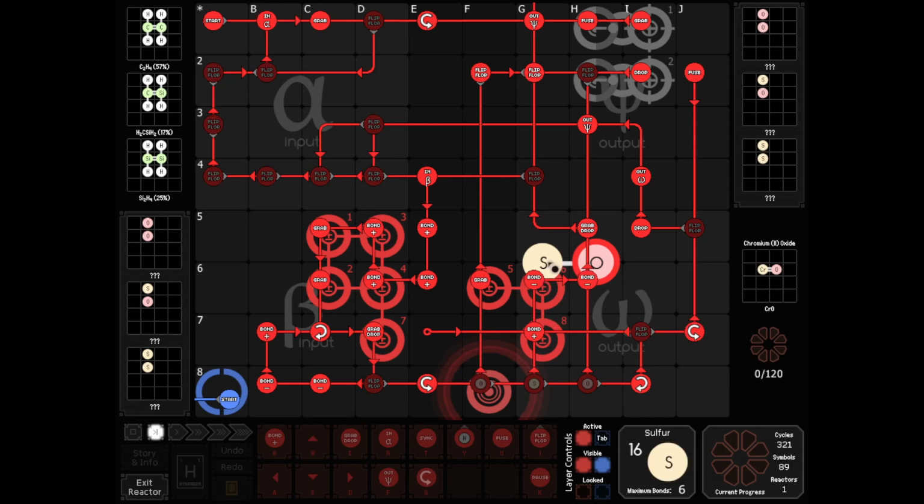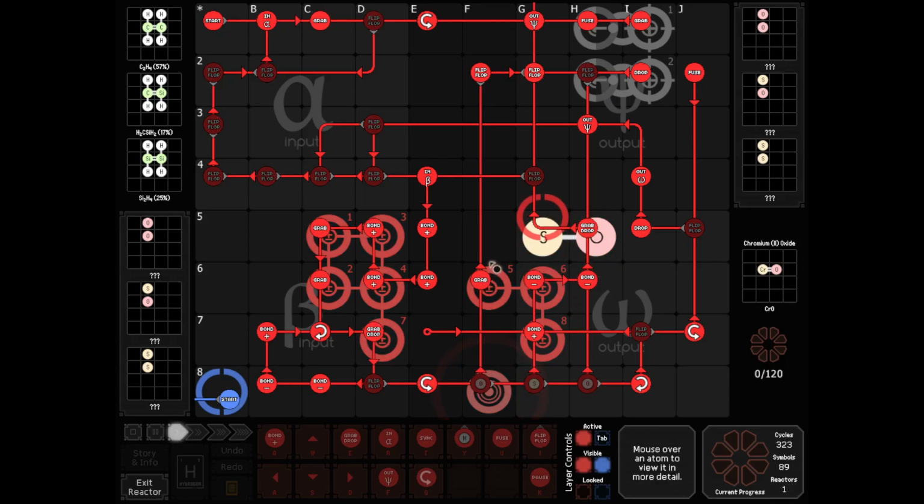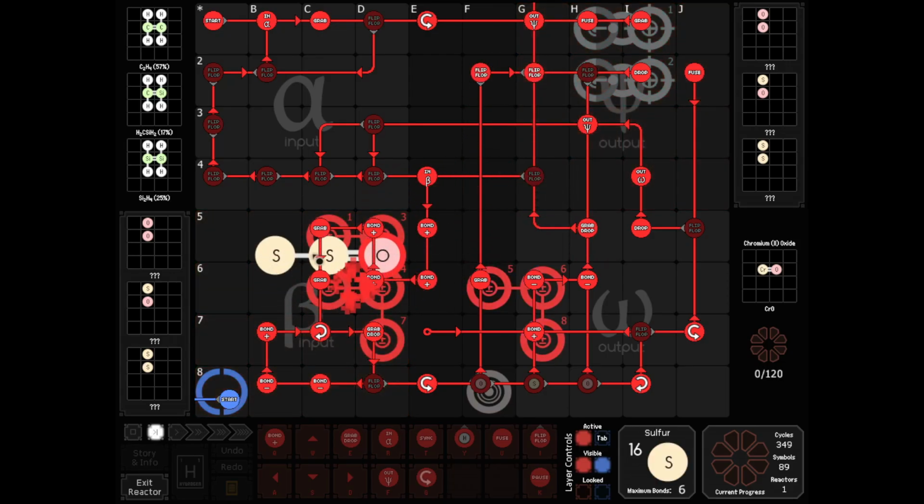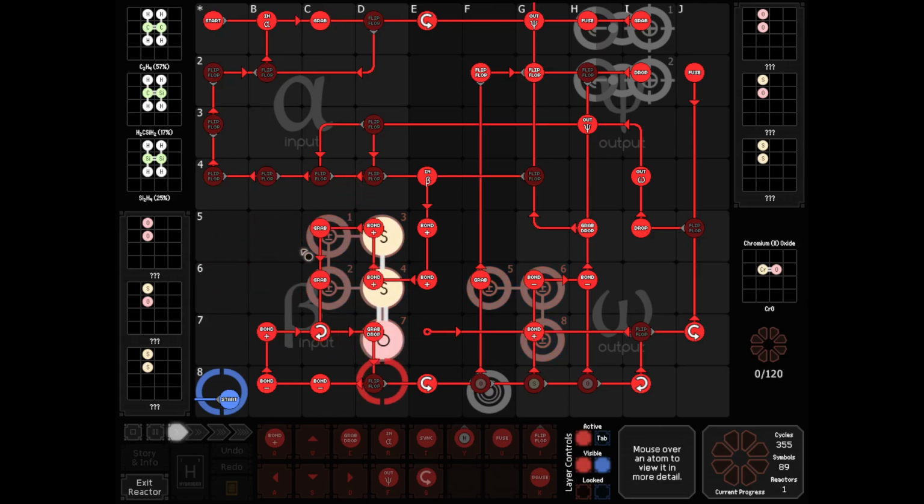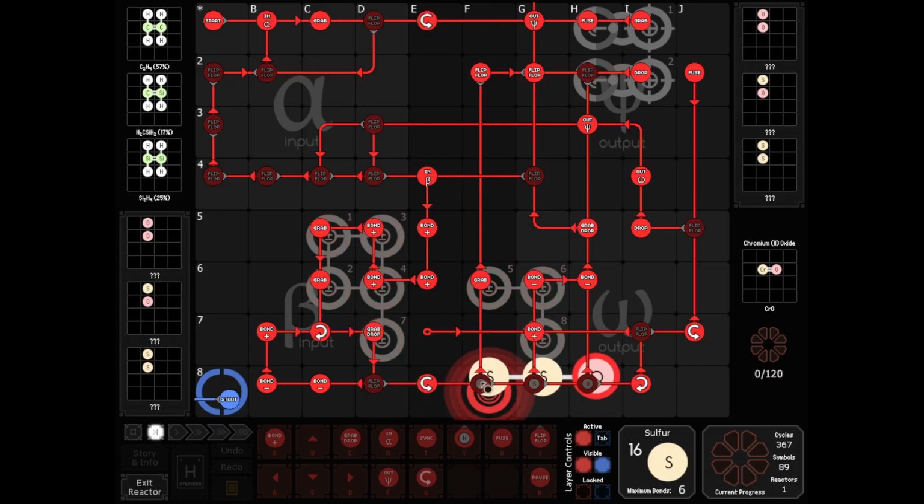Then it detects that it has sulfur, so it moves on to the third sensor, where it checks if it has oxygen next to it, which it doesn't, so it attaches a new atom to it, then fixes bonds again, checks if it is oxygen on the left.